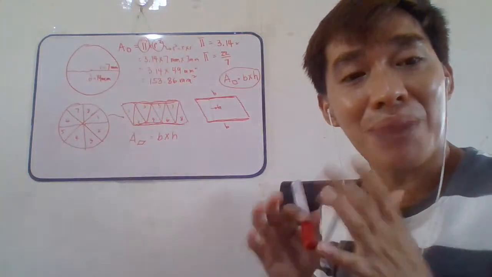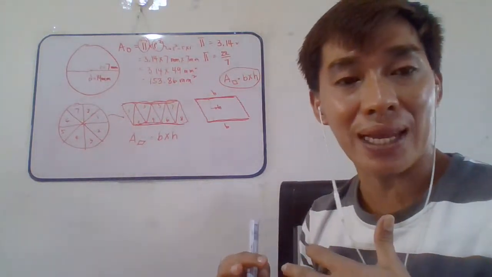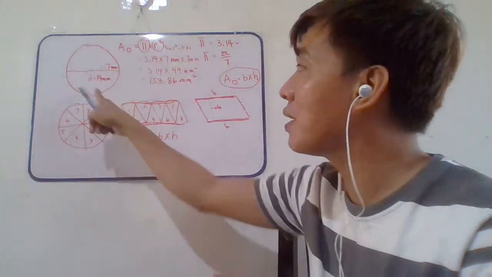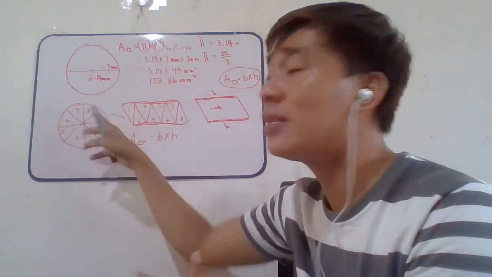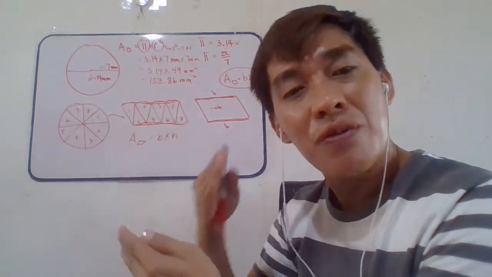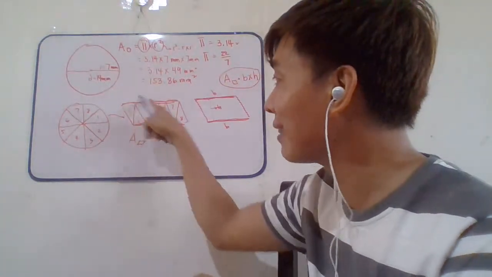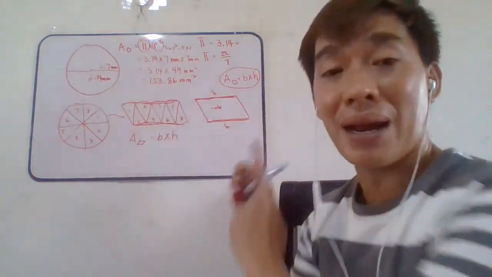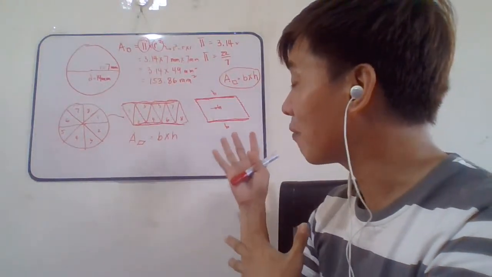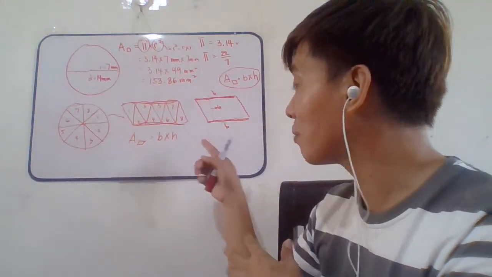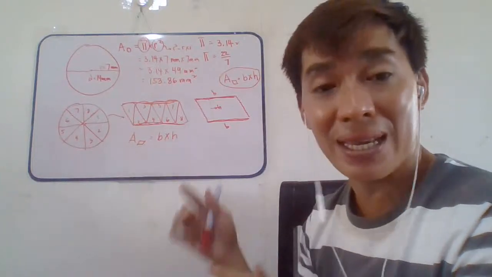So we reached the parallelogram. Why did we reach a parallelogram? Because if you have a circle and you divide it into smaller sectors like this, so that the line flattens, it would look like a parallelogram. And to get the area of the parallelogram, that is only base times height.